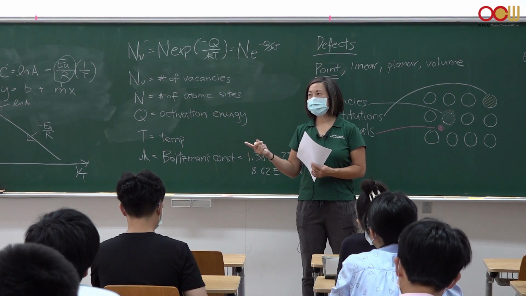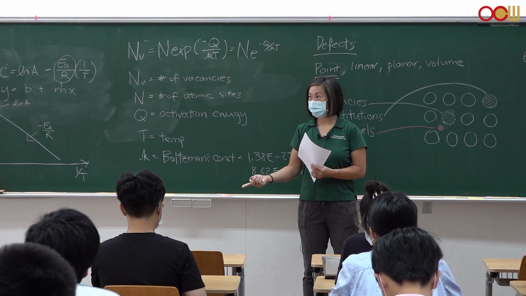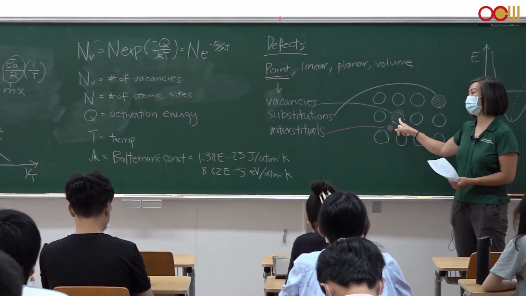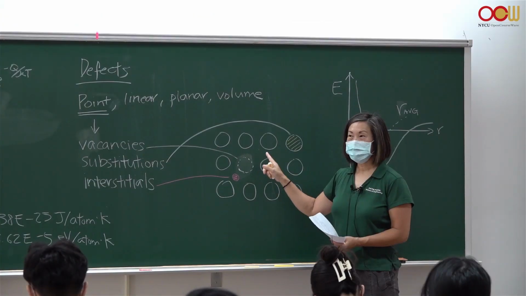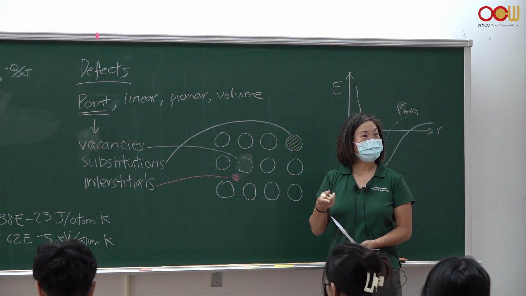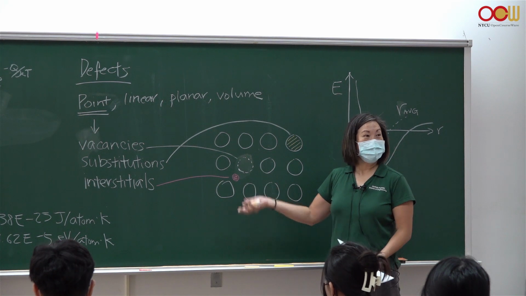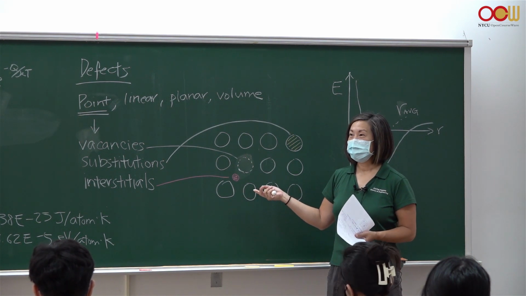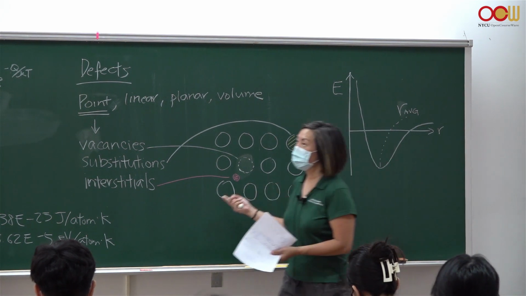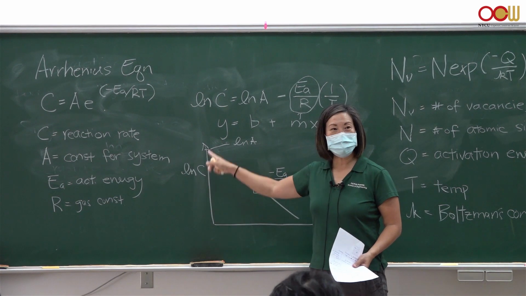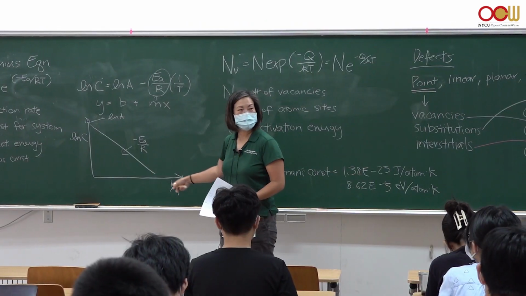The vacancies are not necessarily related to volume, right? Because if this atom leaves, your volume doesn't necessarily change. What might change instead of the volume? Density or weight, right? The more atoms leave, the lighter the material might be, or the less dense. So you would be measuring density, weight, or something related to that as you change the temperature.